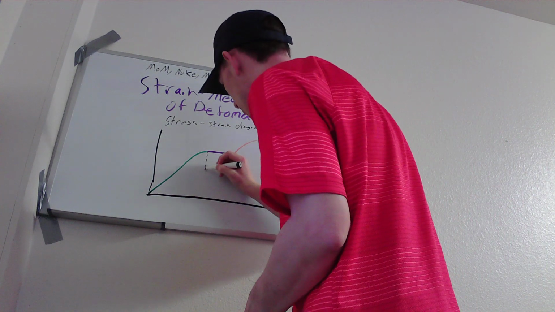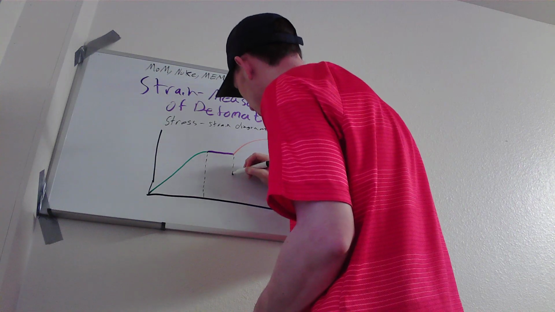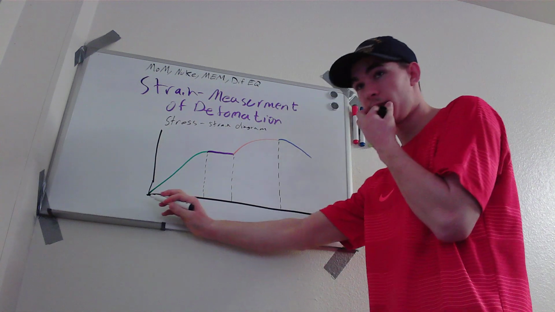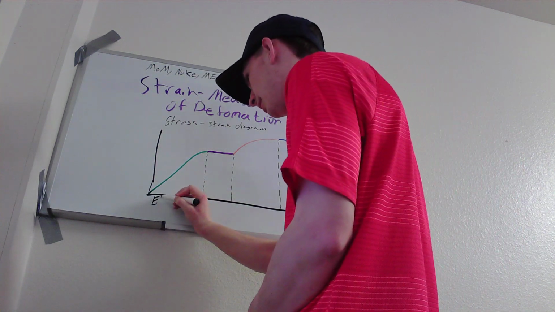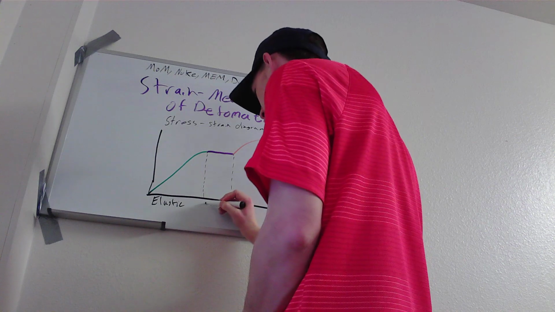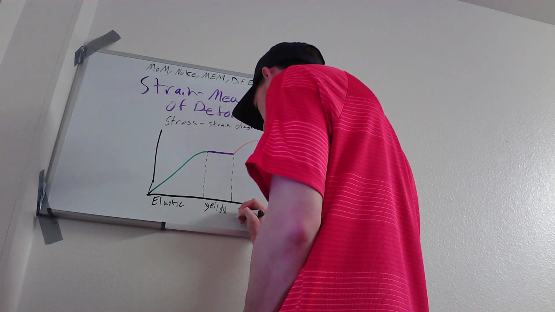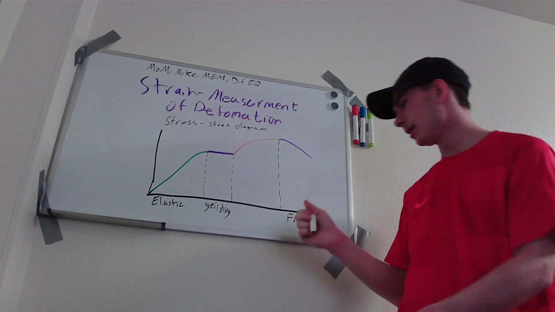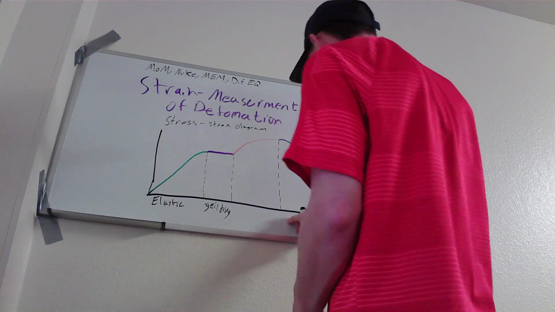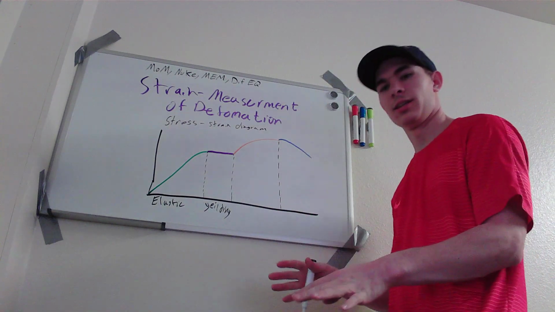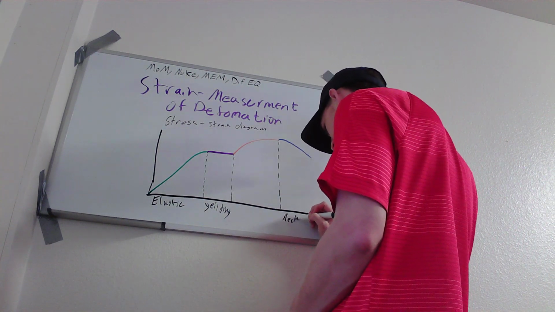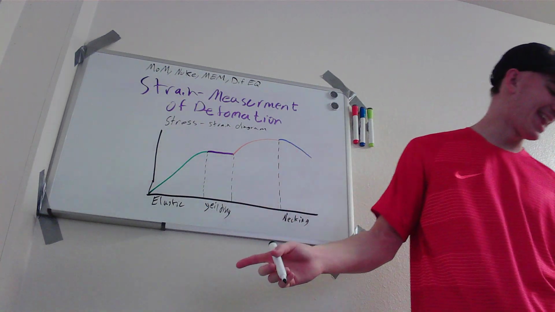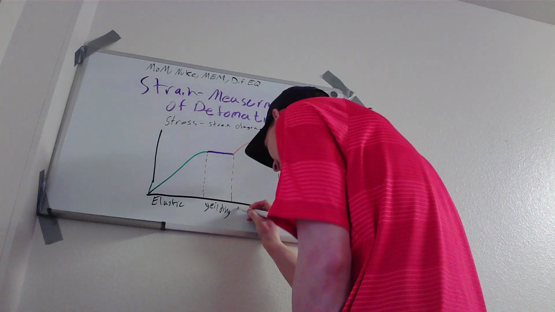And it's got 4 regions. This first region is the elastic. This is the yielding. This is fracturing, necking. And no, I have not. That's just what it's called. Funny joke there. Ha ha ha, necking. And then this is strain hardening.